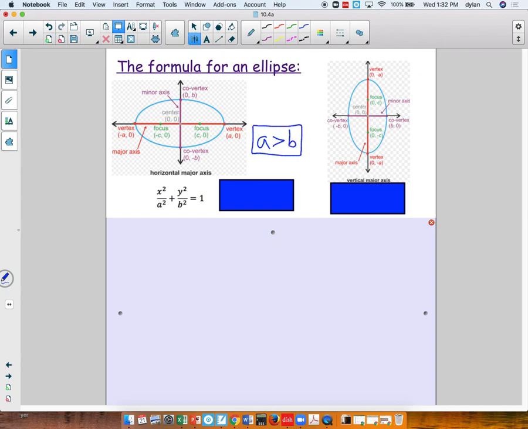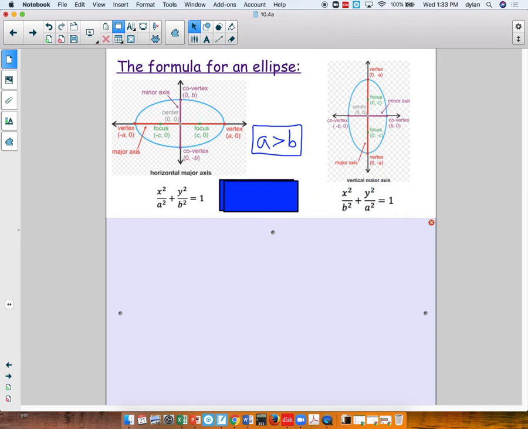So for a horizontal ellipse, a is larger than b, which is what creates the major axis along the x-axis and the minor axis along the y-axis. Similarly, for a vertical ellipse, we've got essentially the same equation, but now the b squared is under the x, the a squared is under the y, and because a is larger than b, that's what creates the vertical stretch instead of the horizontal stretch.